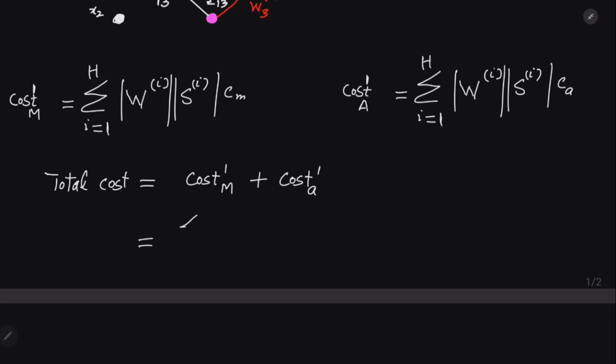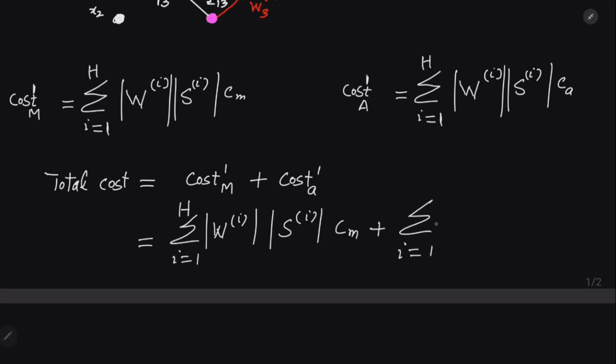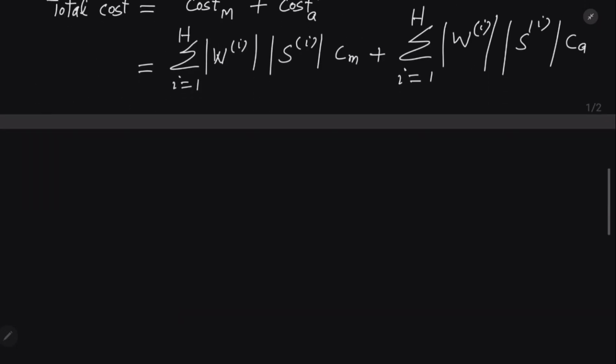That will be equal to the sum for i equal to 1 to H of W_i S_i C_M plus the sum for i equal to 1 to H of W_i S_i C_A. We just add these two terms.